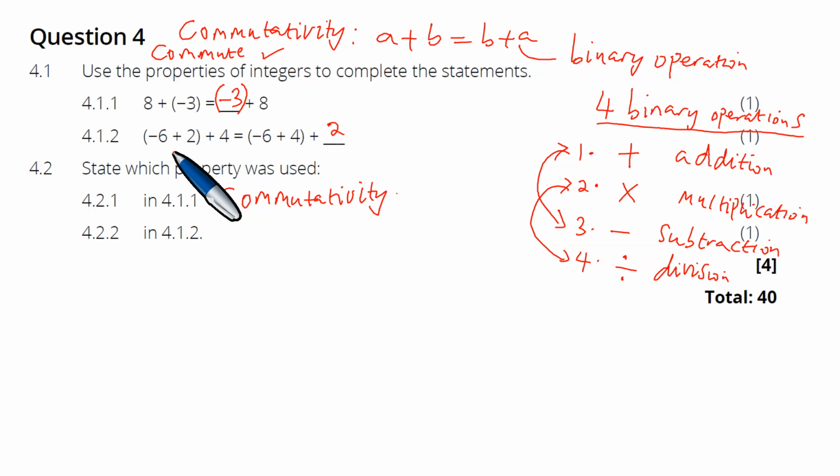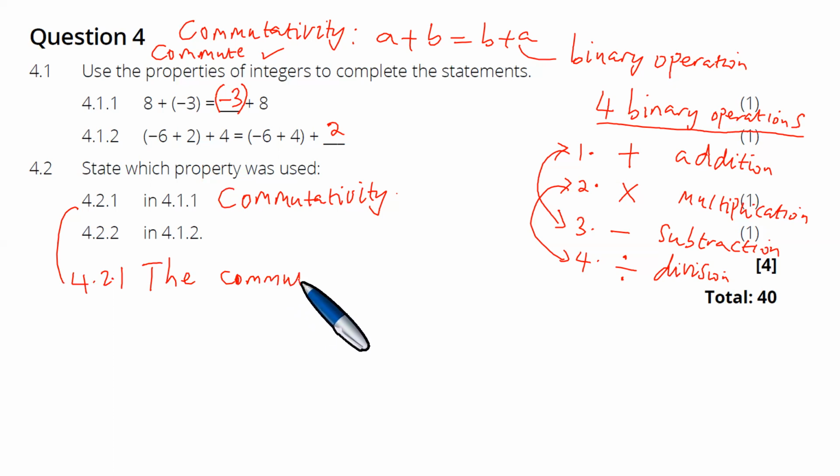After that, okay, so in 4.2.1, you can write your answer in detail and say, we said it is commutativity, or you can say it is the commutative property of addition.